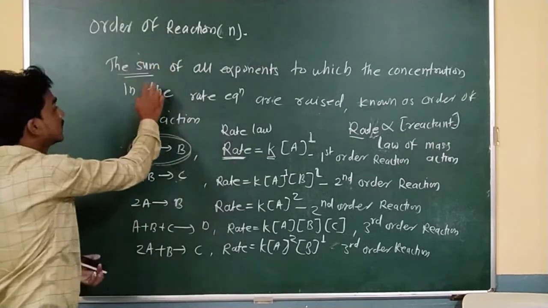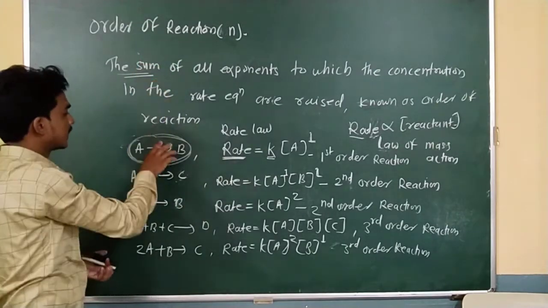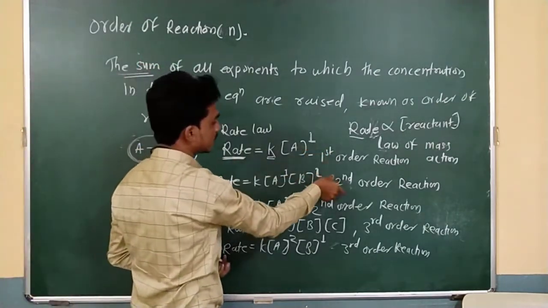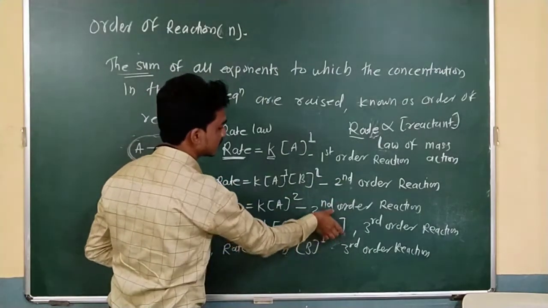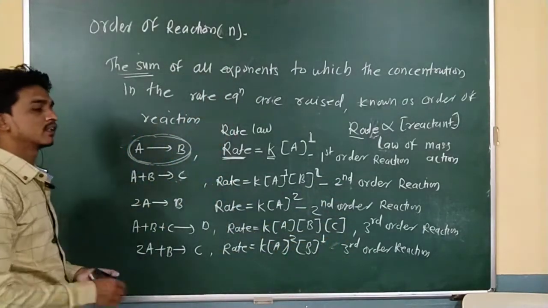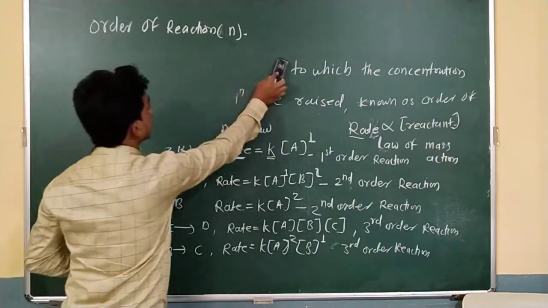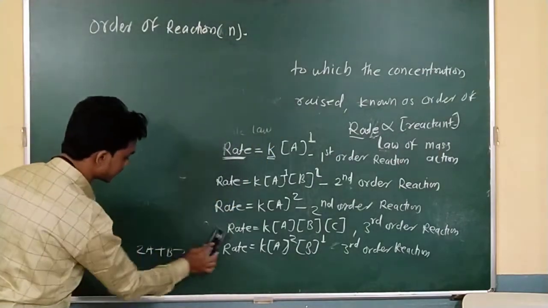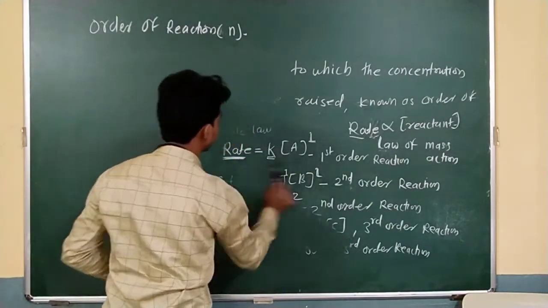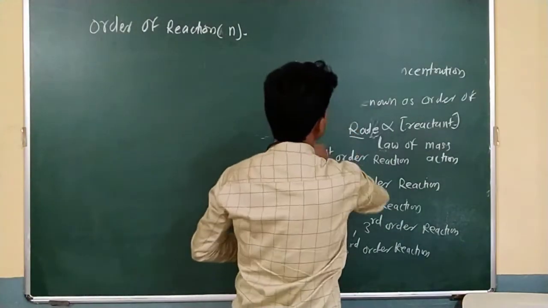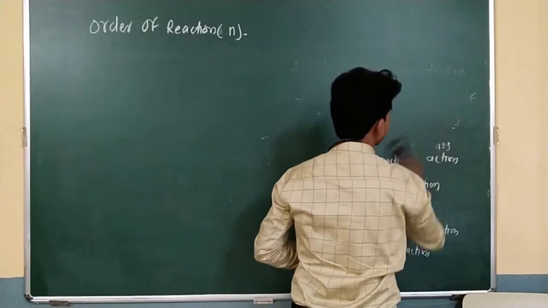Okay, so this is the definition of order of reactions, and you can say this is first order, this is second order, this is third order reaction. Likewise, there are some first order chemical reactions, some second order chemical reactions, and some third order reactions.